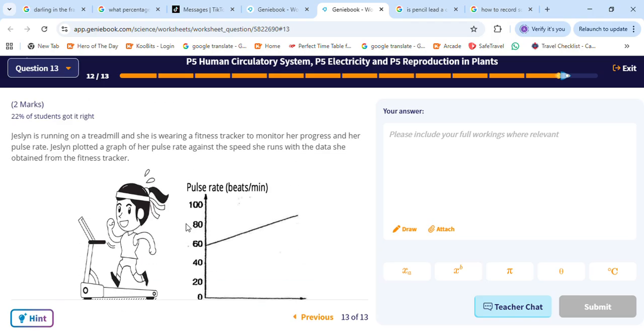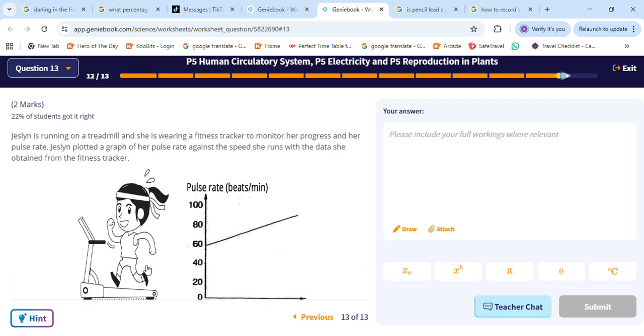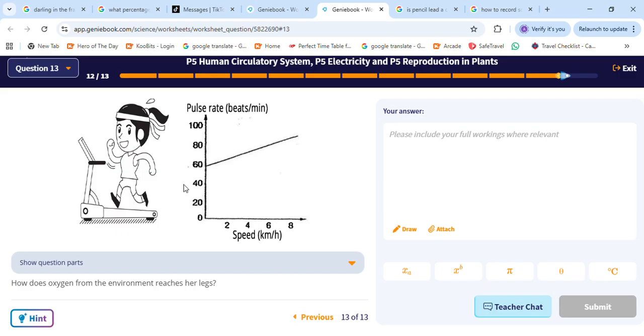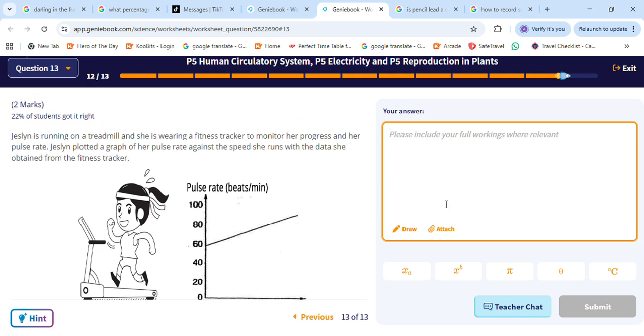Okay. Last question. How does oxygen from the environment reach her legs? Okay. I got this. Jesslyn breathes in oxygen. Kinda obvious. Whose name is even Jesslyn, man?